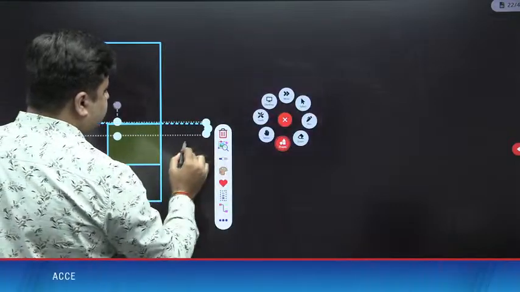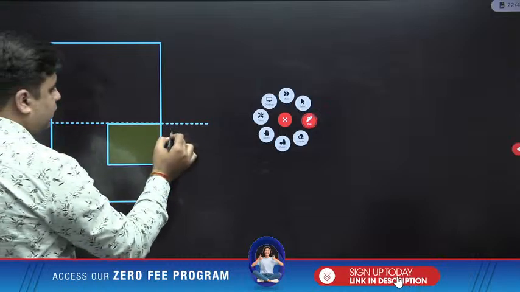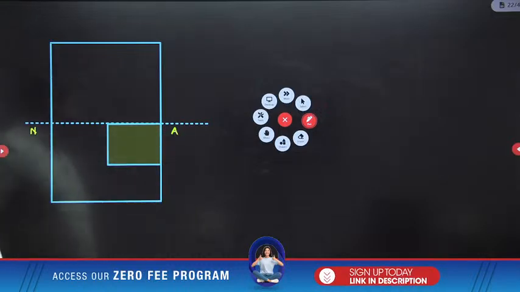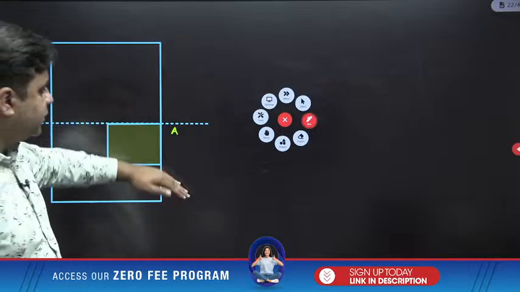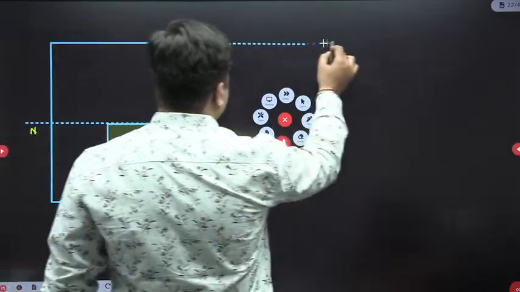The first thing that you need to do here is find out the value of stresses in the extreme fibers.